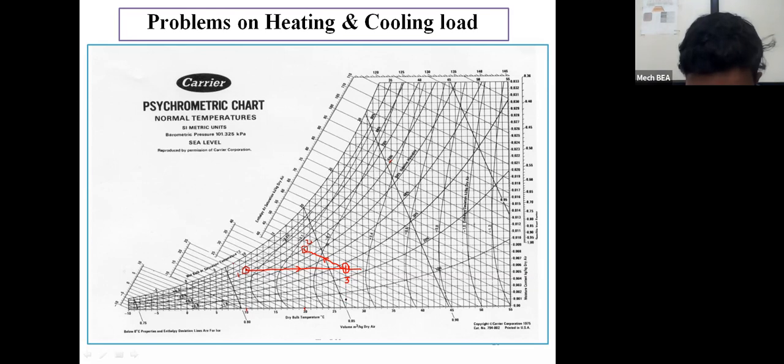Now from this point I will get the condition of air at the outlet of the heating coil, and here I am getting the dry bulb temperature as 27 degrees centigrade. So this is the dry bulb temperature at point number 3, 27 degrees centigrade from the psychrometric chart.